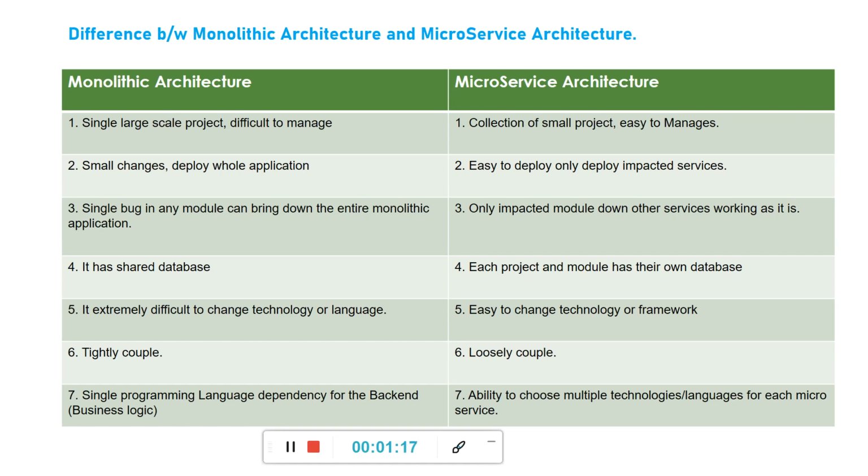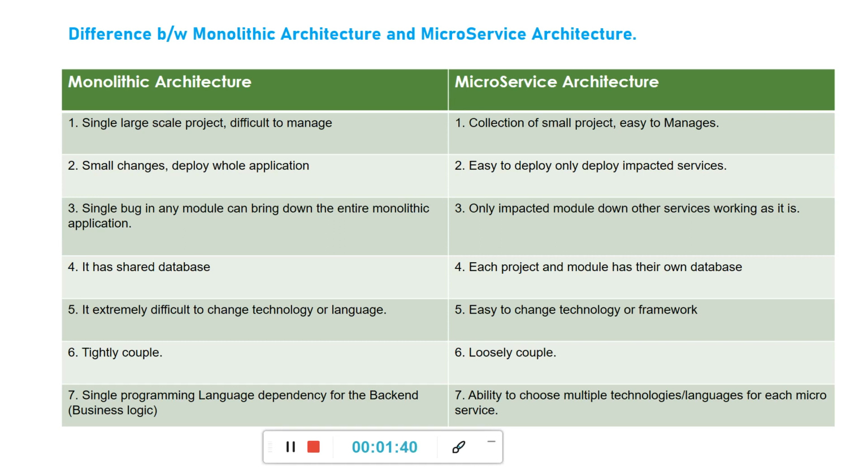The basic difference is that in a monolithic architecture we have a single large-scale project, and it's very difficult to manage. If we're talking about microservices, it's a collection of small projects and easy to manage.